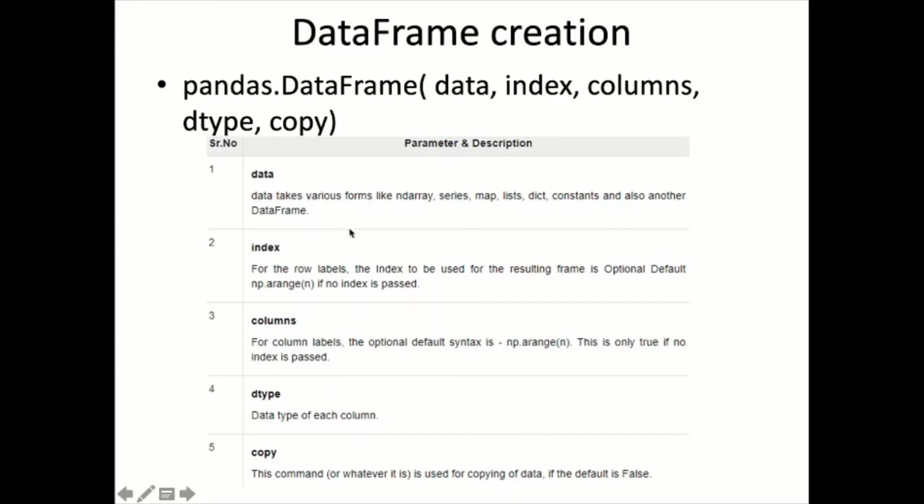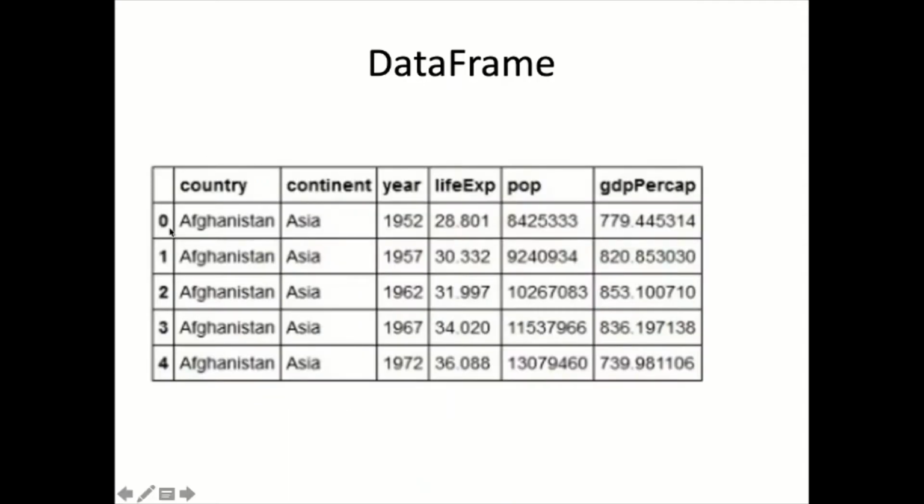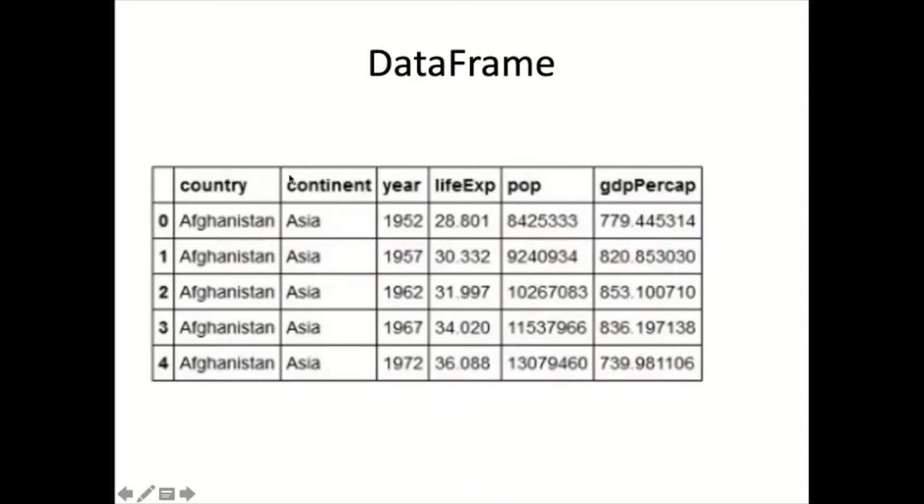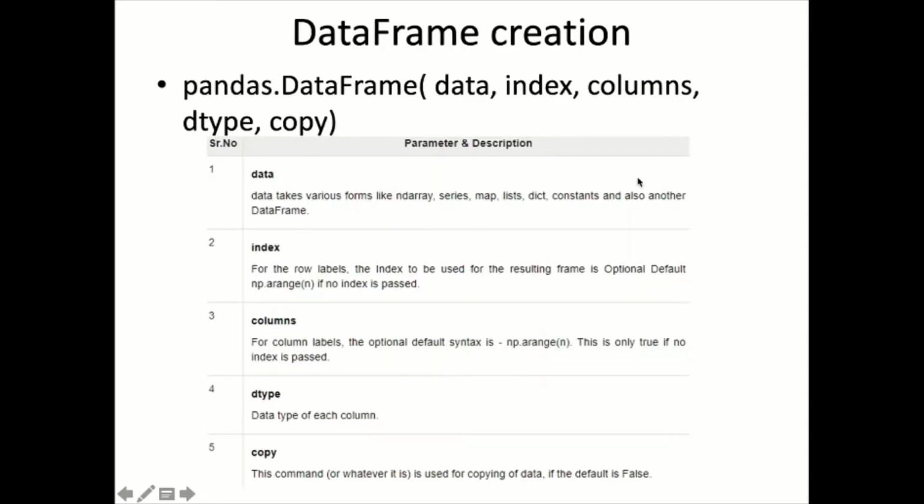Then index. Index is used for the row labels. If we want to give labels for rows, it will take default values. These are the default values 0, 1, 2, 3, 4. If you want to give a different indexing, it is possible using this index parameter. Then we have columns also. Columns can be named.